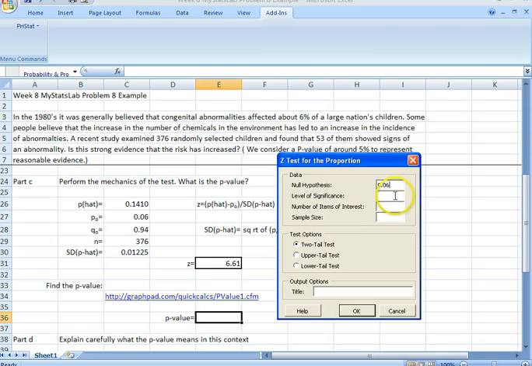The level of significance, since we were talking about 5%, is 0.05. The number of items of interest is our 53, and our sample size is 376. This is a one tail upper tail test.